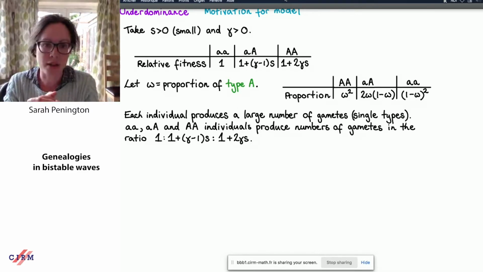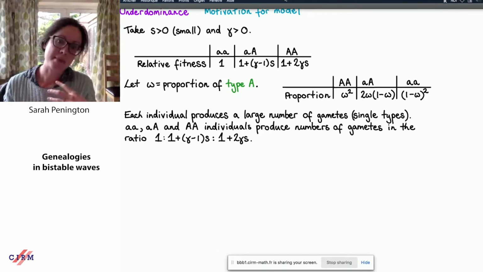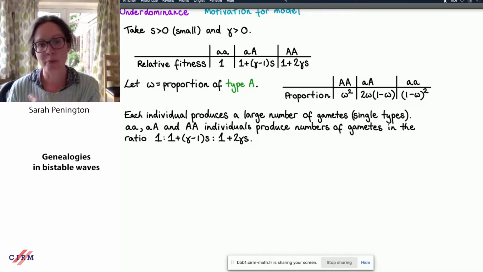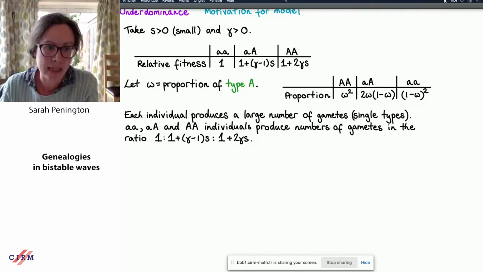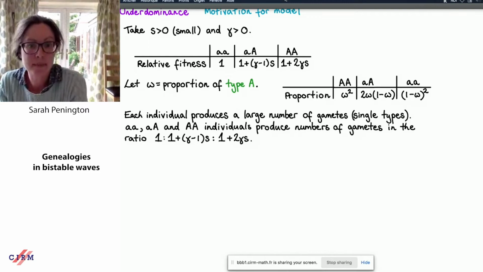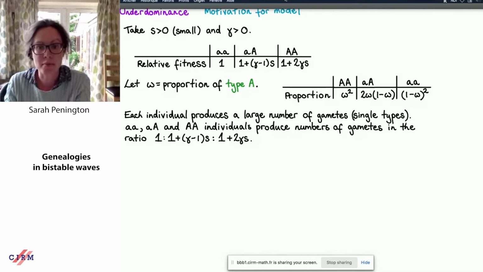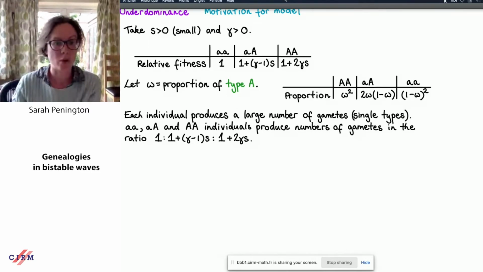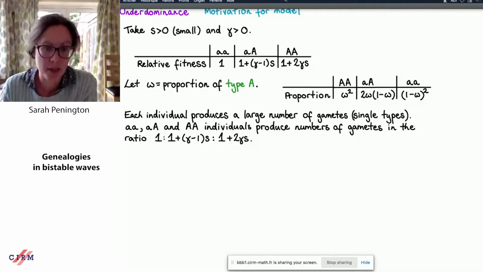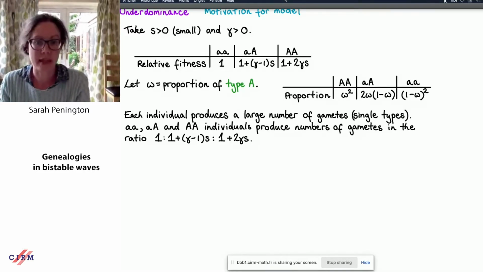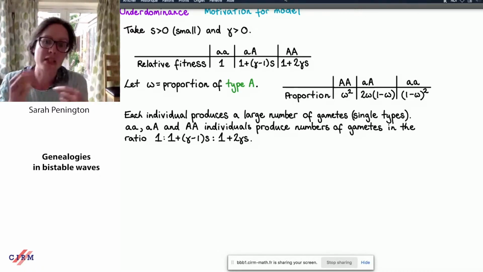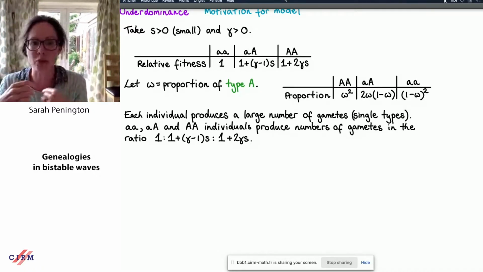And the way that the relative fitnesses are going to be reflected is that the number of gametes that individuals produce will be in the ratio given by their relative fitnesses. So little a, little a capital A, and capital A individuals will produce numbers of gametes in the ratio 1 to 1 plus (gamma minus 1) S to 1 plus 2 gamma S. And then once these gametes have been produced, they fuse at random to form new individuals.